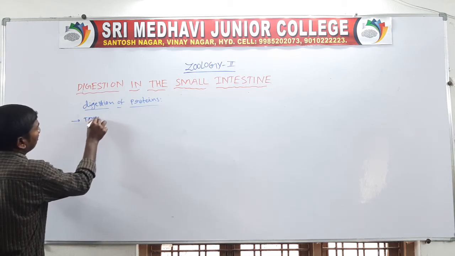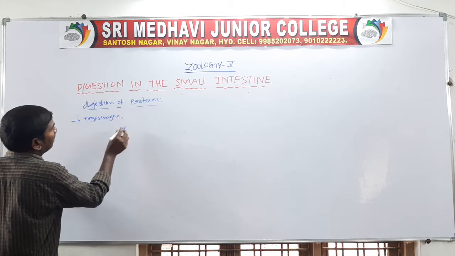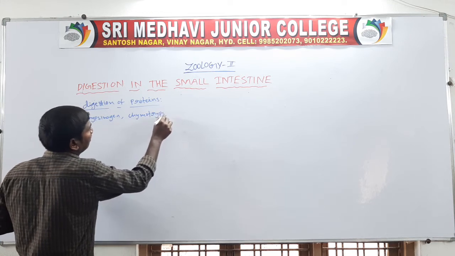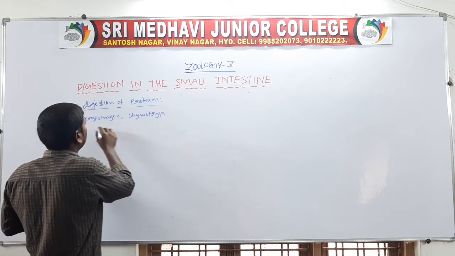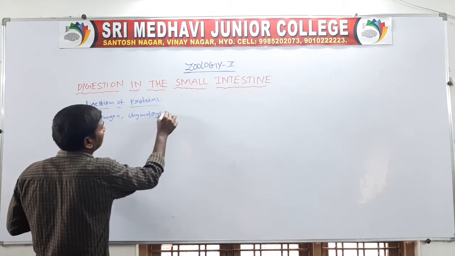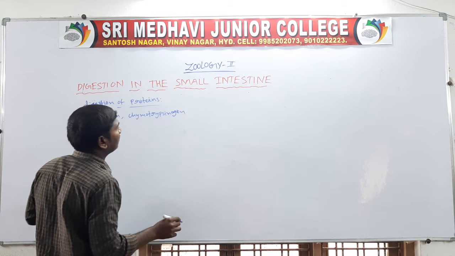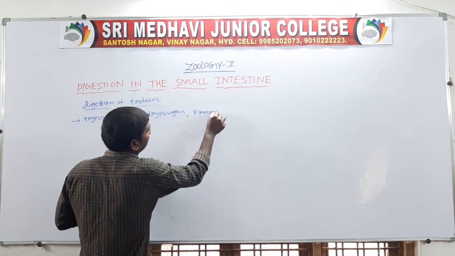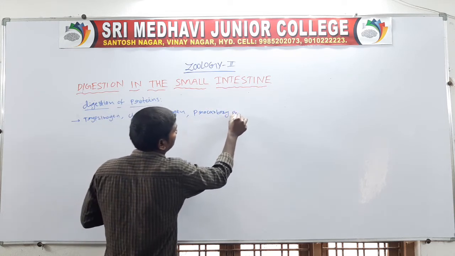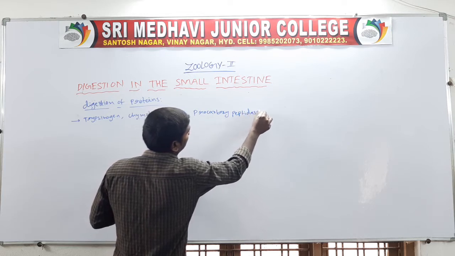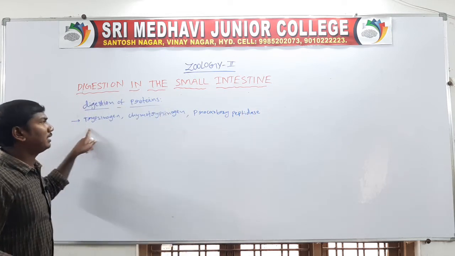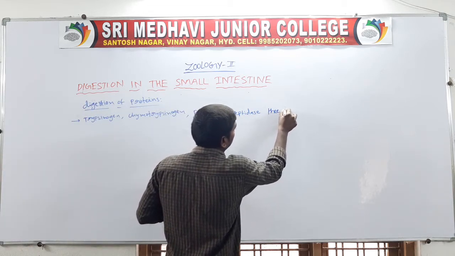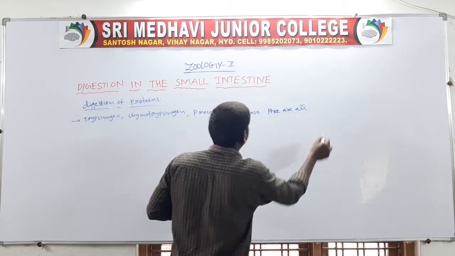In the small intestine juice there are trypsinogen, chymotrypsinogen and procarboxypeptidase.